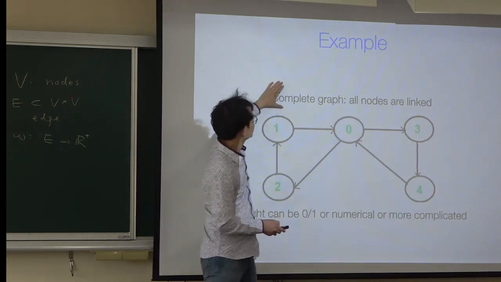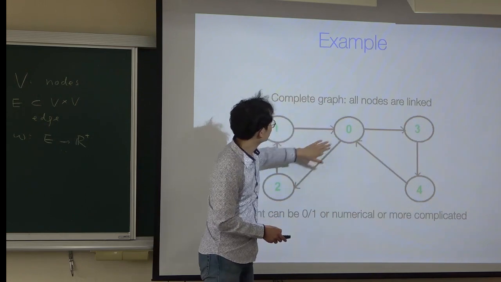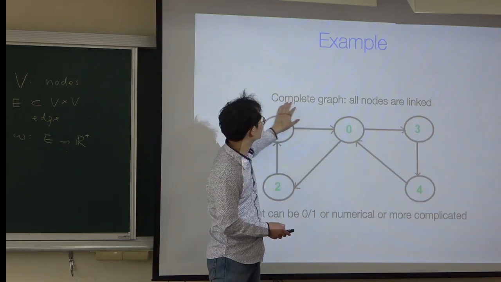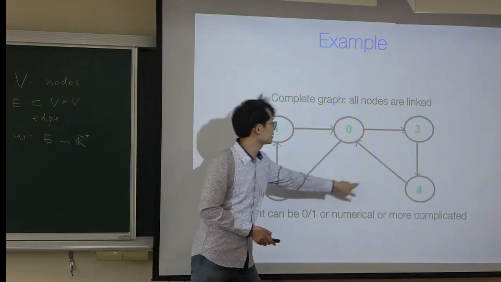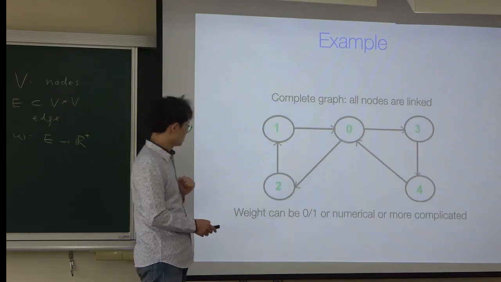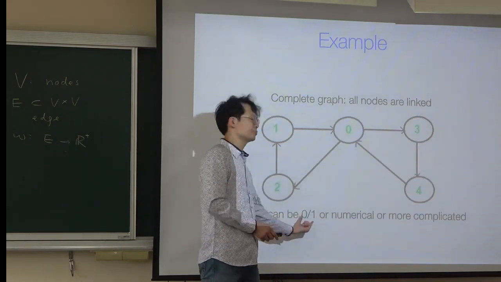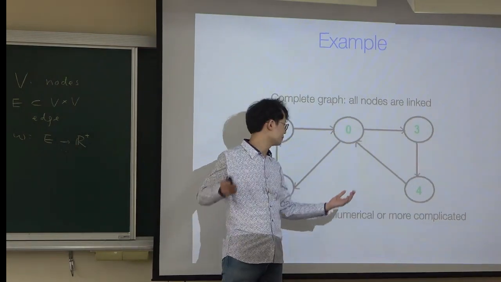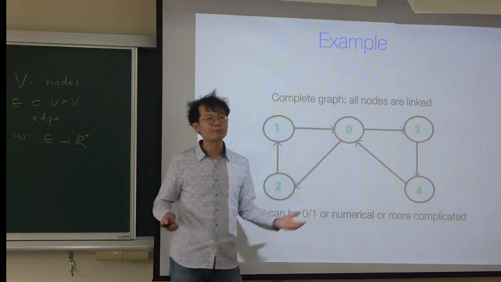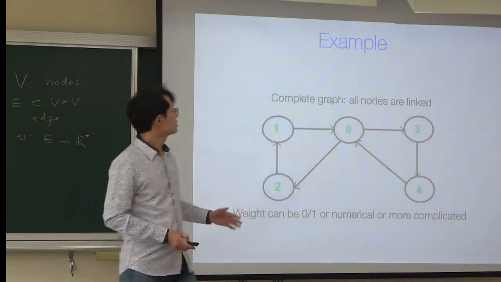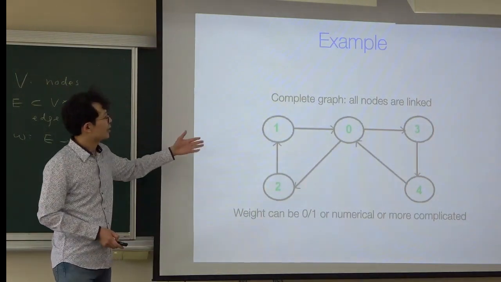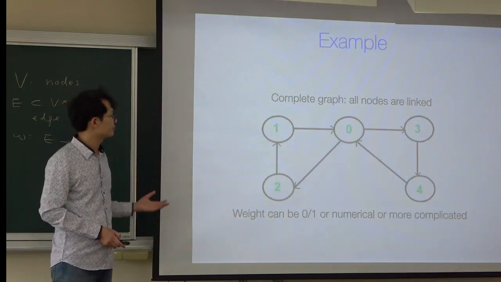If you connect all the nodes, then it's called a complete graph, and this is not a complete graph. And the weight on the edge can be either 0, 1, or determined by some kernel, or can be more complicated. So this is just an example to help you visualize what a graph is.